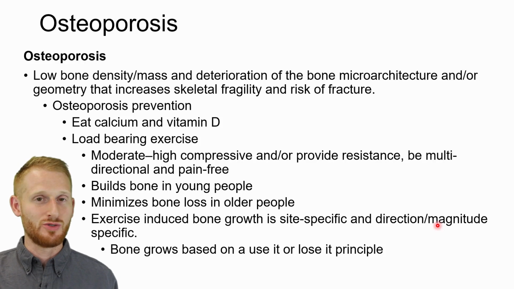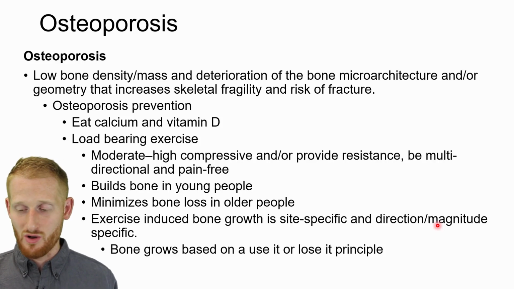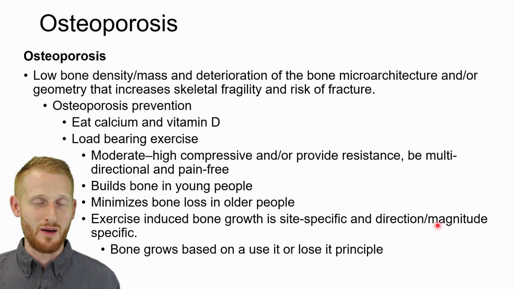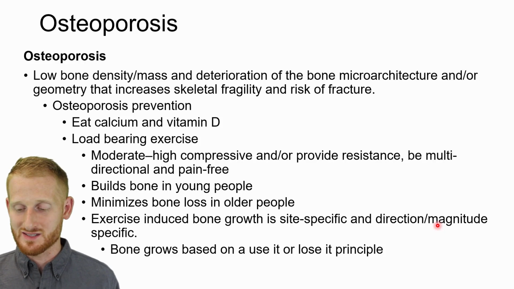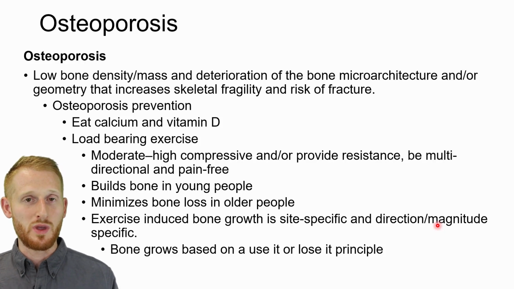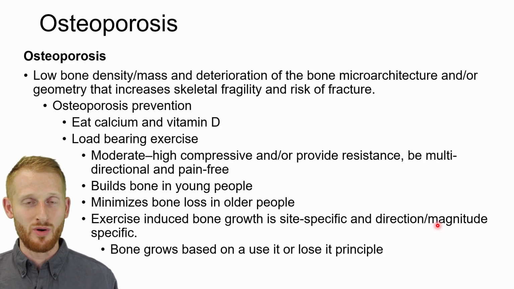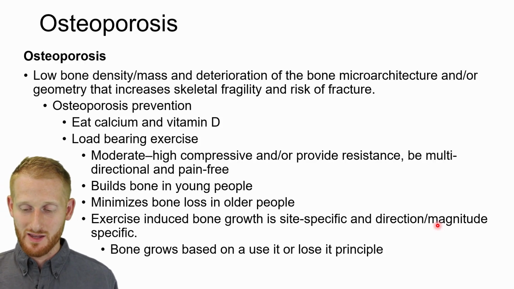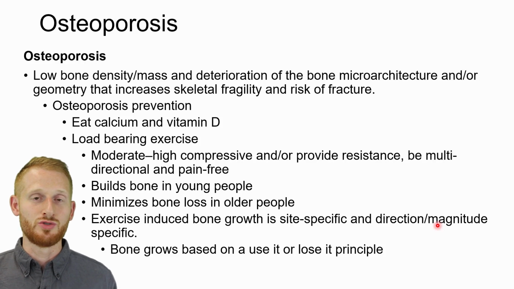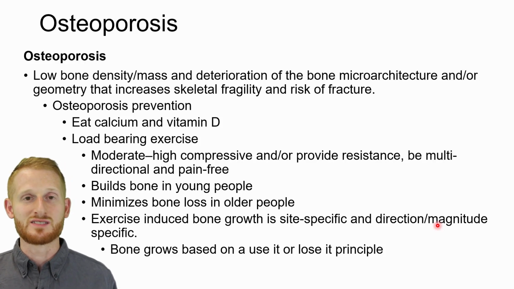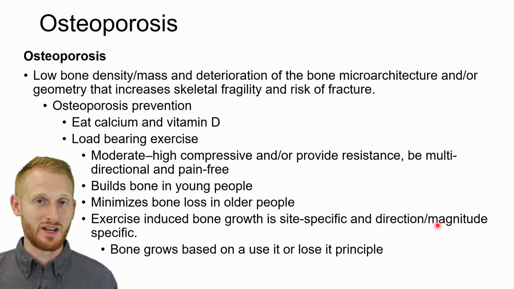But as soon as a new stress happens, so if you trip and fall, that's not a stress that most people place on their bones on a regular basis, and so you're still going to have weak bones when you get older, because you need to put stresses on the bones in different ways. Again, your bone's only going to grow to protect itself against whatever stresses it sees on a regular basis.